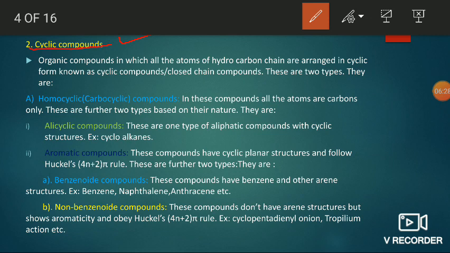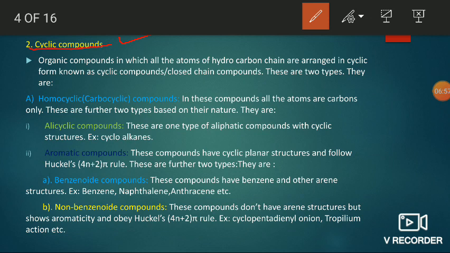The second classification of hydrocarbons is cyclic compounds, also known as closed chain hydrocarbons. In these hydrocarbons, all the carbon atoms are generally arranged in a cyclic manner to form ring-like structures. This is generally known as closed chain hydrocarbons or cyclic compounds.